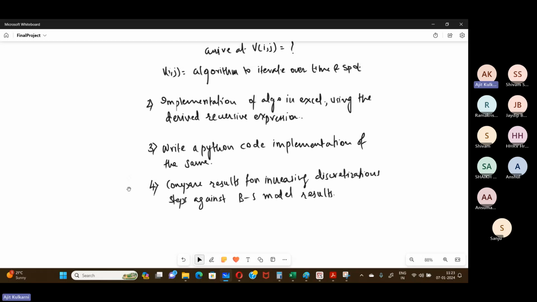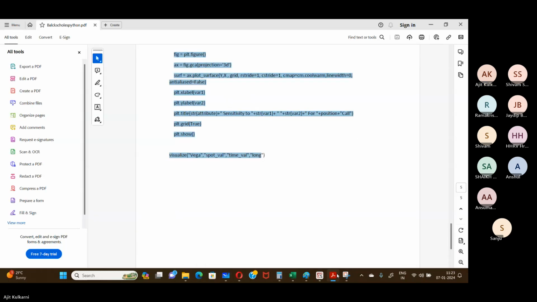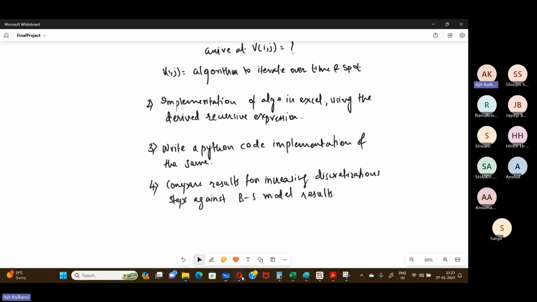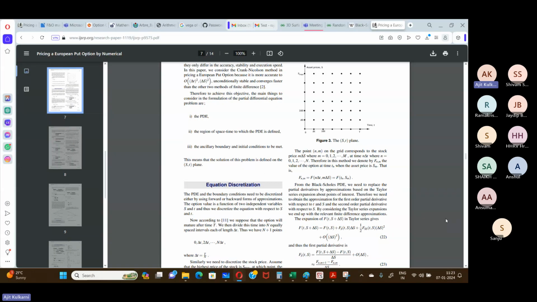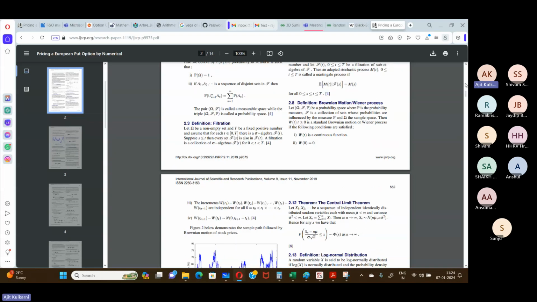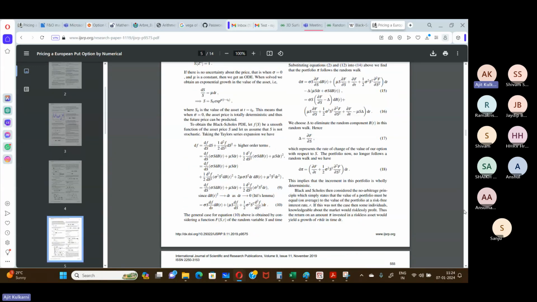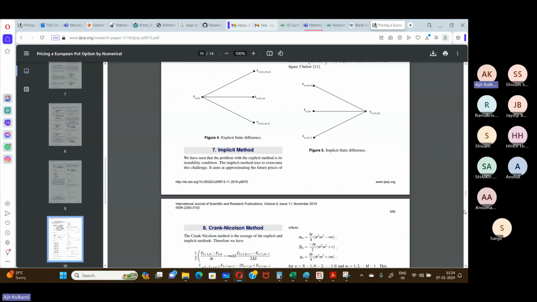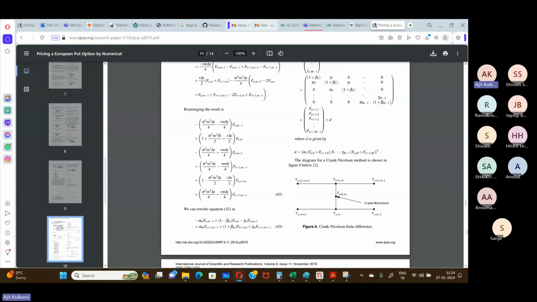Okay, something which you see in this paper, right? So in this paper you see they start with basics and all of that, right? And eventually they implement it, calculate the price of an option using this method and compare it, right? So they have the results.